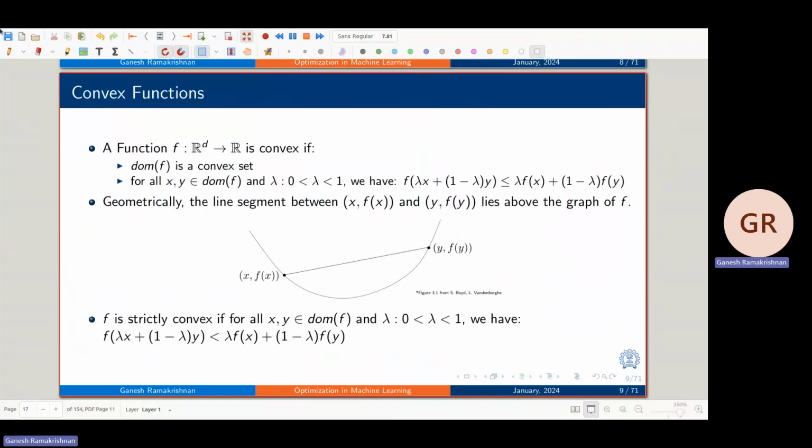Then f is convex. It is a convex function.